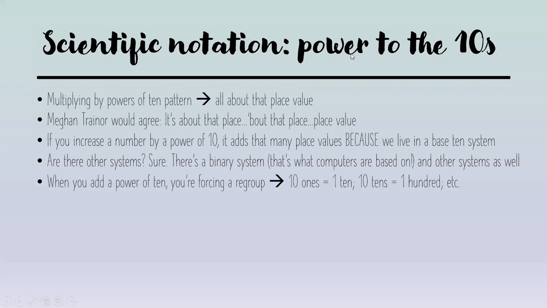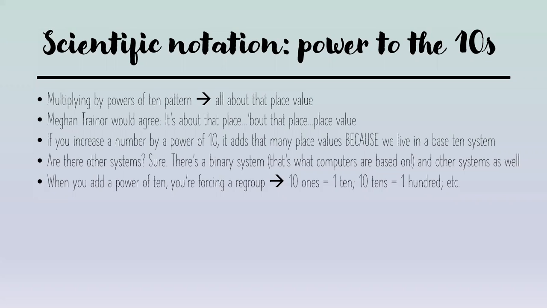Now, what does that mean for scientific notation? Well, because we live in a base 10 system, when you get to 10 of a place value, we regroup and we create a new place value. So if I have 10 pennies or 10 ones, then I can exchange that for a dime or 1 ten. If I have 10 dimes or 10 tens, I can exchange that for $1.